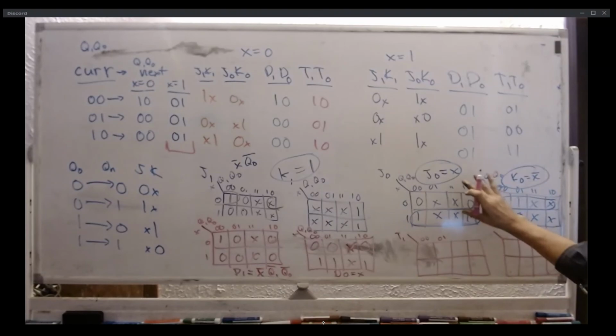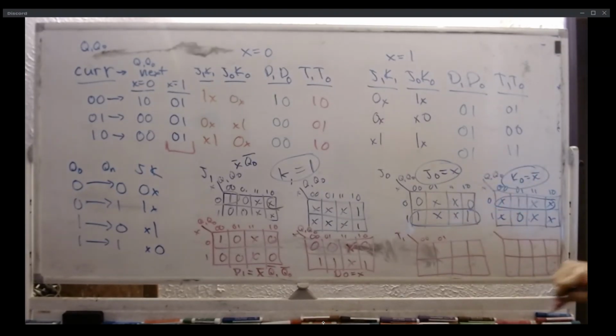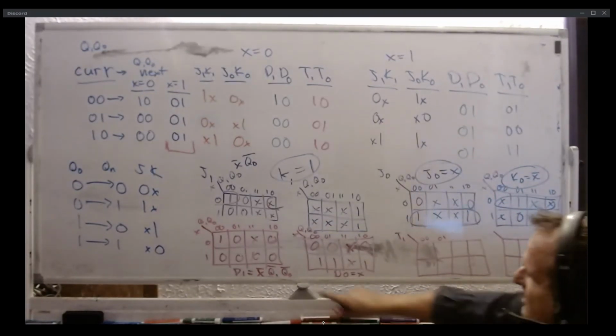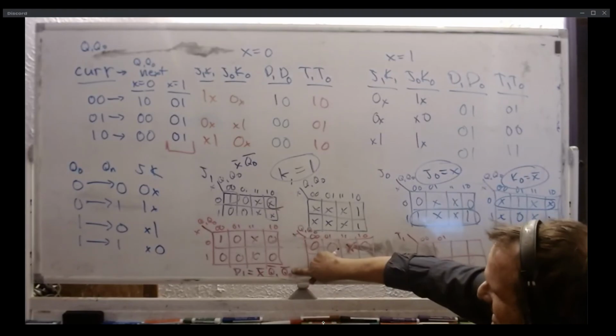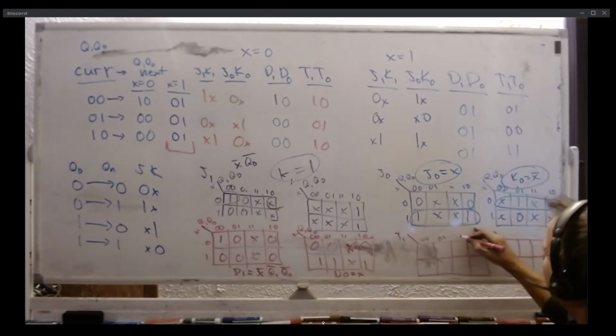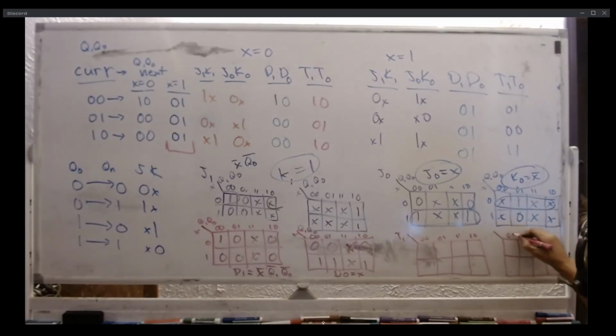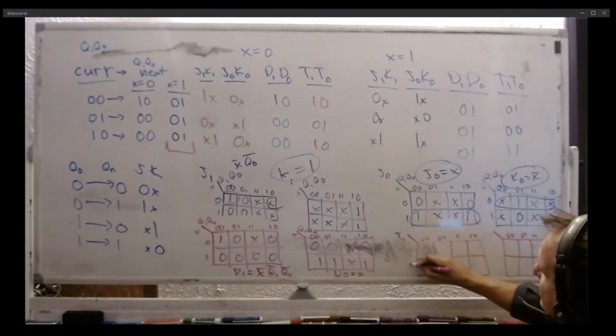If we can use a JK for flip-flop 0, that's not too bad. Right, then we want 1 to be very nice to us. Yes, and it's not. Murphy's Law, ladies and gentlemen. I should call it the engineering law.